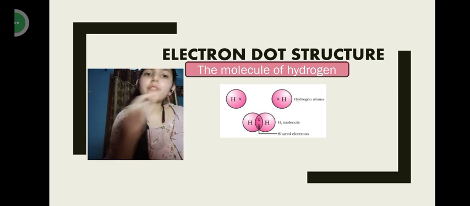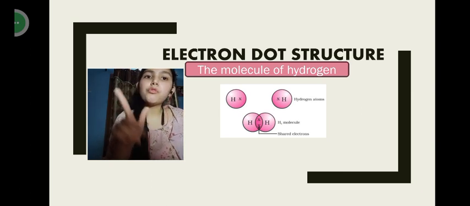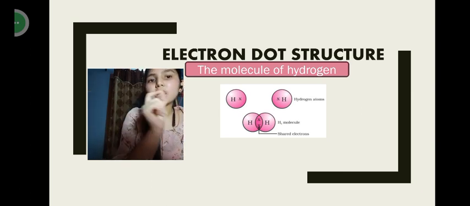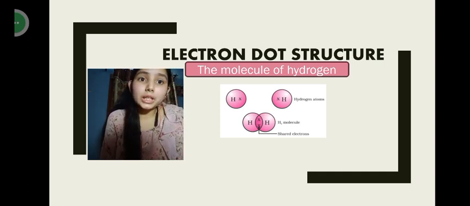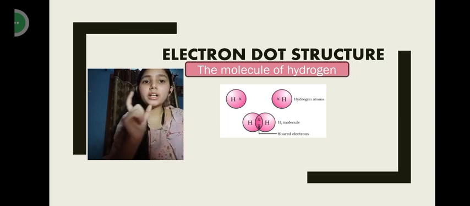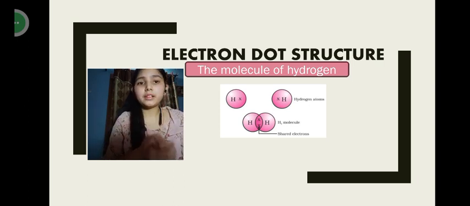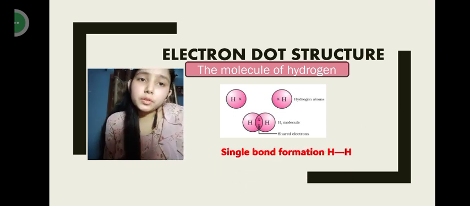So we never find hydrogen as an individual, we always find it in a combined form as H2. So that's the reason why it is always found that way, right? One electron each they are sharing, hence they are making up two electrons, right? Single bond formation.